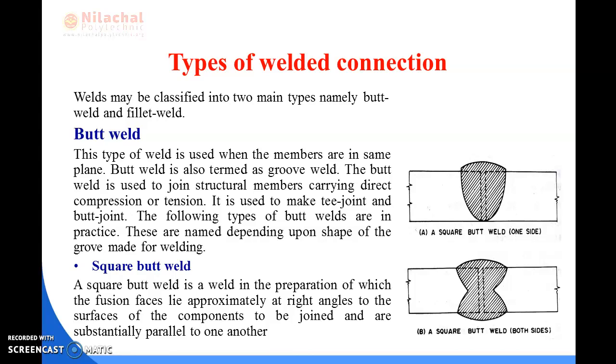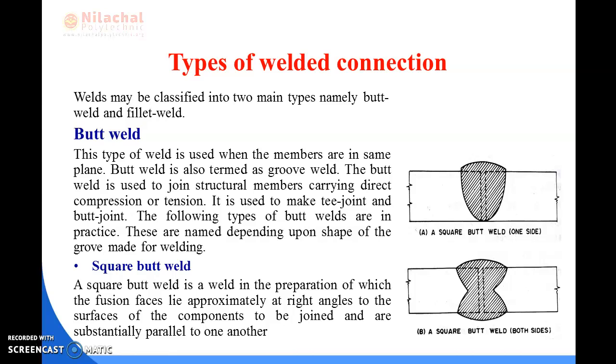The butt weld is used to join structural members carrying direct compression or tension. It is used to make T-joints and butt joints.